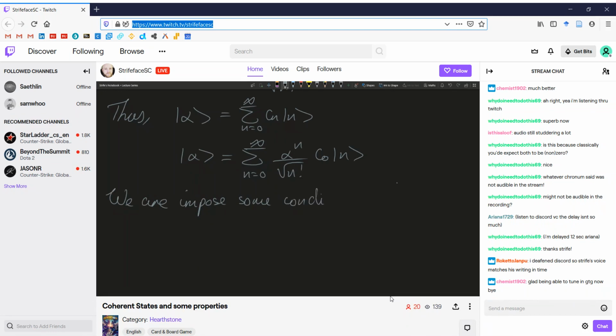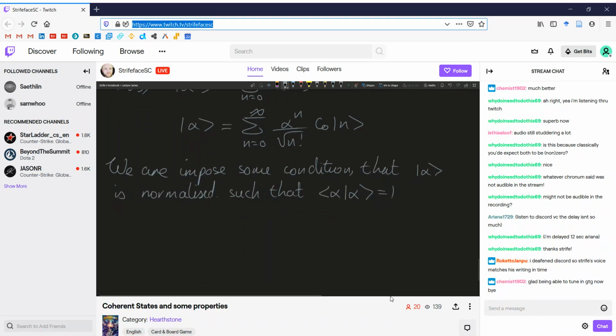We want our coherent states to be such that the inner product alpha, alpha equals 1. So we're going to evaluate this and see what we get out. Now, we have a description for the coherent state that's almost complete. We just want to determine C naught.